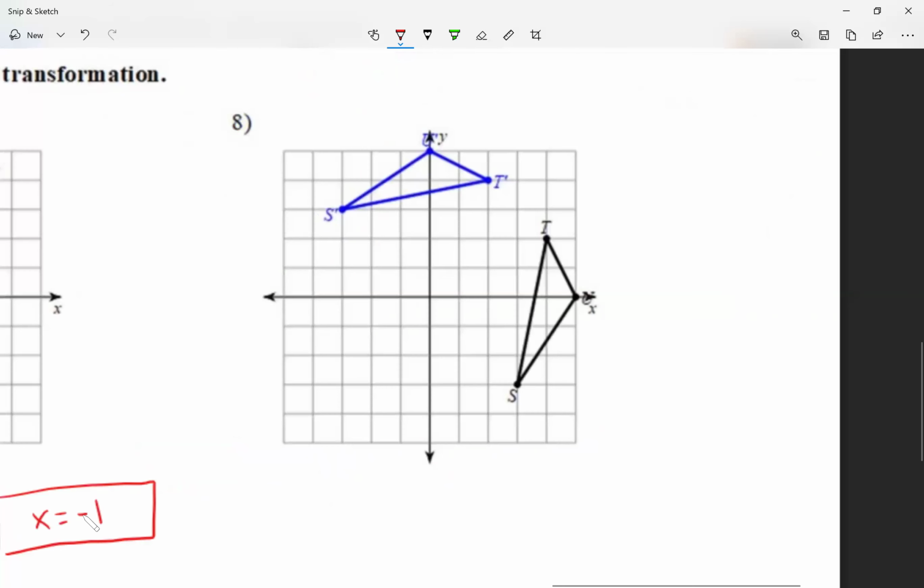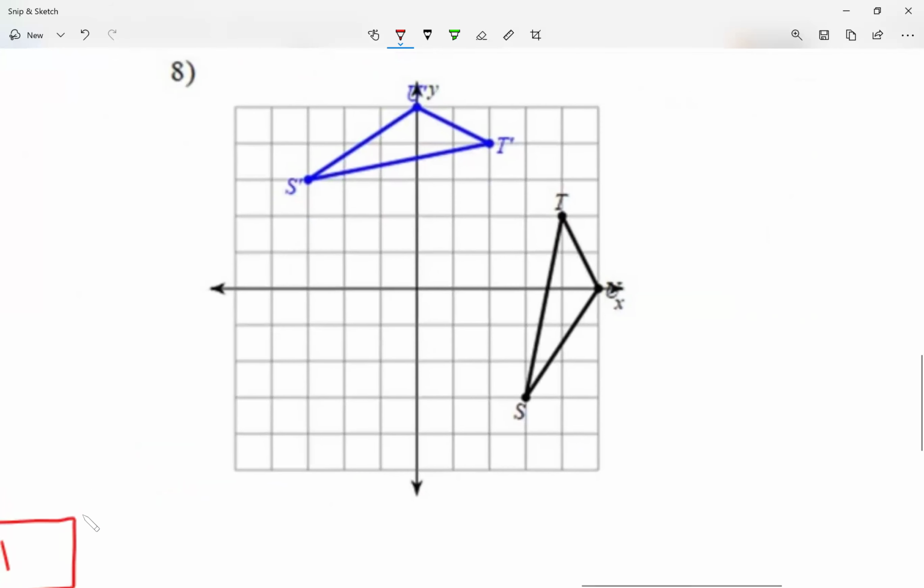Good. Let's take a look at question number 8. It looks like reflection, but what's the mirror line? I'm going to find my midpoints. And remember, if it is reflection, my midpoints do make a line. You guys will see that. So look at my T and my T prime. Right in between is that point.